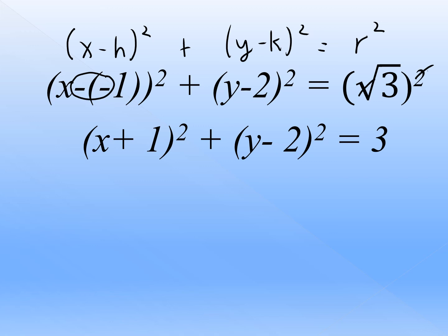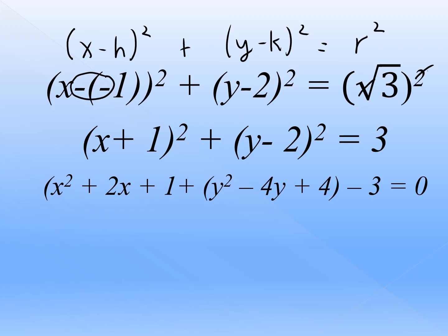From this, we're going to expand this one so that we can get the general form of the equation of a circle. So how? First, we're going to use the square of a binomial. We're going to get the square of x, which is x squared. We're going to get the square of 1, 1 times 1 is 1.